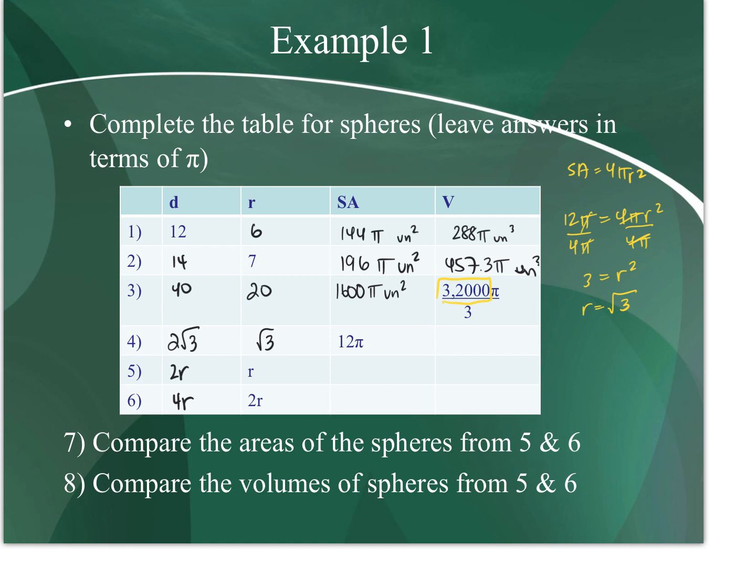And again, when I come here to do the volume, I know it's 4/3 pi r cubed. So the volume is going to be 4/3 pi times the square root of 3 cubed. Okay, so again, this math is going to be a little bit weird: 4/3 times pi over 1, and here the square root of 3 cubed is the square root of 3 times square root of 3, which is square root of 9.